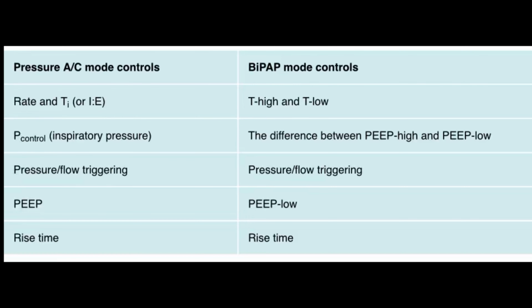The breaths are time or patient triggered, time cycled, and pressure controlled. However, in BiPAP, the patient can breathe spontaneously at either PEEP level, usually unsupported because PEEP high already provides ventilatory support.